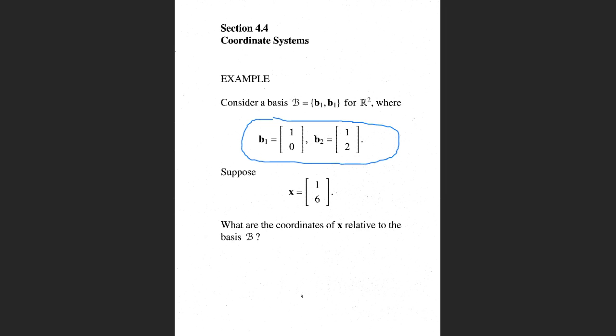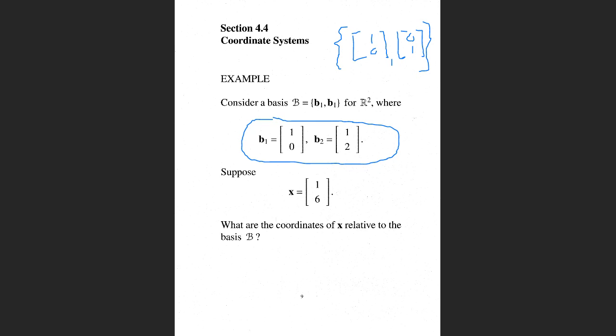You're used to the standard basis for two-dimensional space, 1, 0 and 0, 1. But remember, what are the conditions for a basis? For a basis for two-dimensional space, the vectors have to span the two-dimensional space, R2, and also they need to be linearly independent.